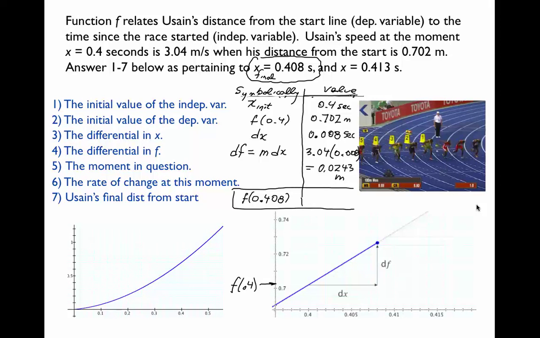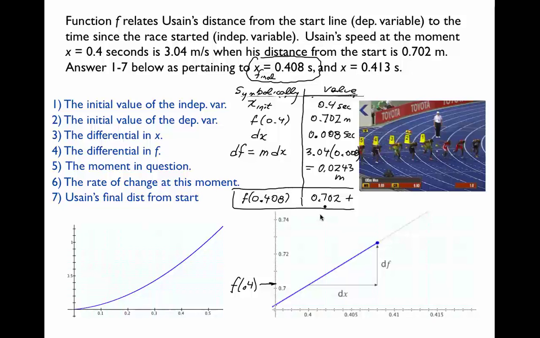Good. Okay. So, final value of the dependent variable equals initial plus the change. Initial was? Remember this? See, this is important. That's why we worked on it.